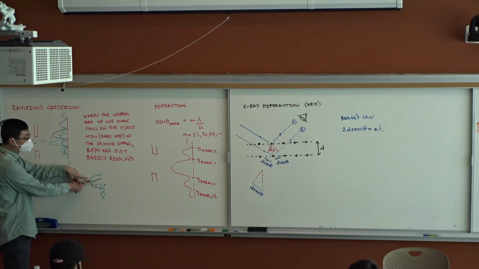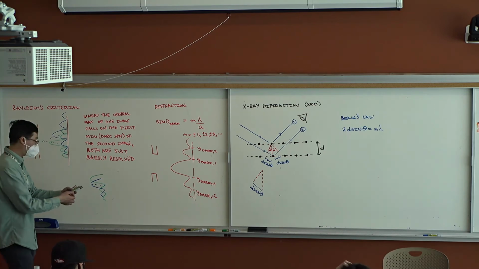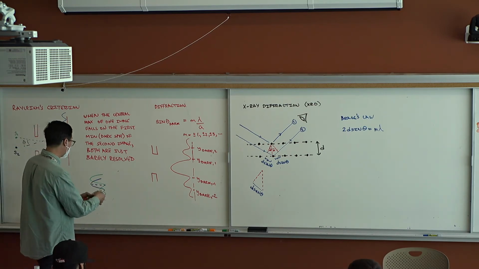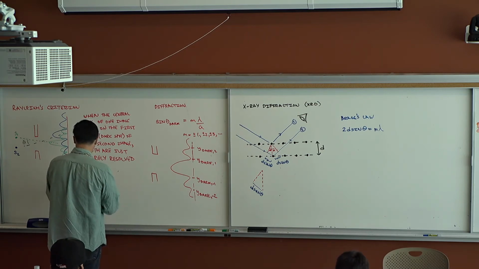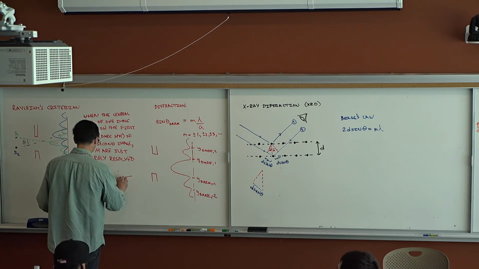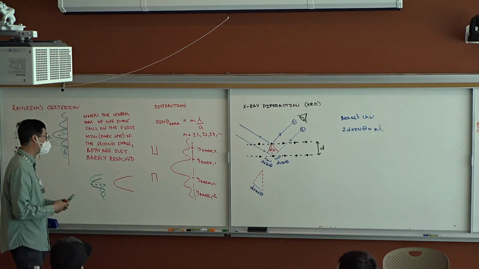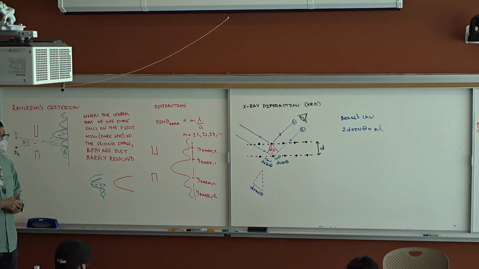But if you bring these any closer together, it's just going to look like one blurry object. It'll look like, I don't know, something like that instead. That's the Rayleigh criterion.